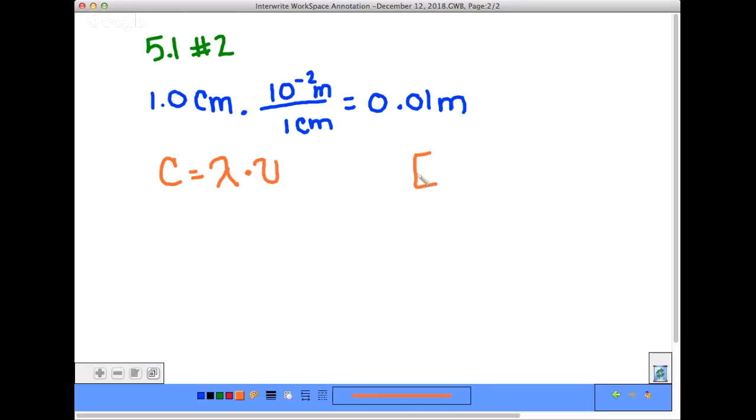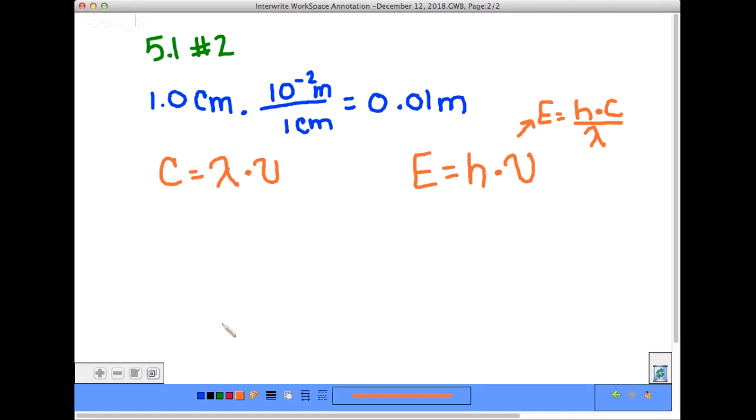And the energy of our photon is equal to h, which is Planck's constant, and you'll be given this on the test, times our frequency. We could rearrange this equation, and if we plugged in what wavelength is, we could get the other equation, h times c divided by lambda. But we don't have to use that one.